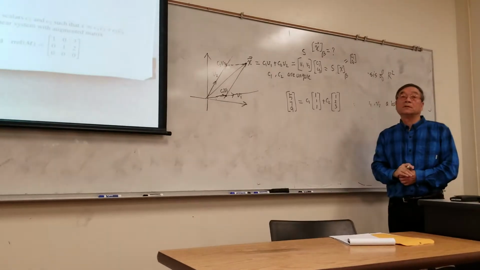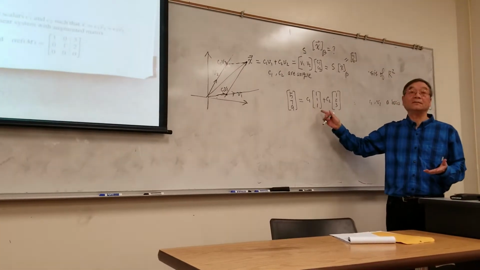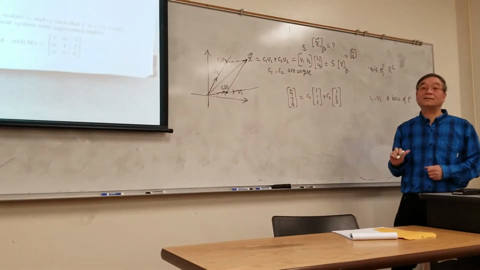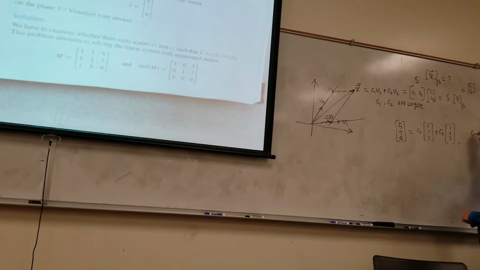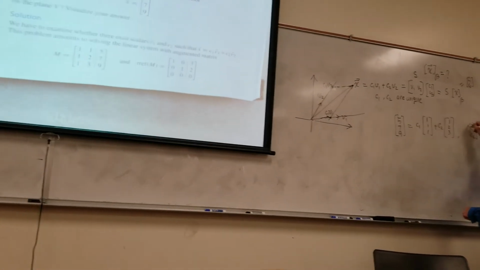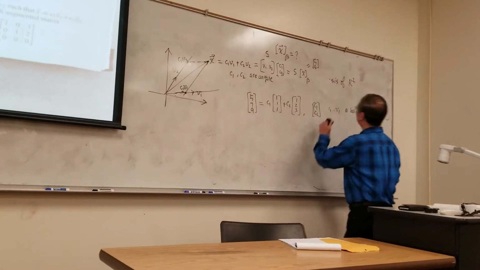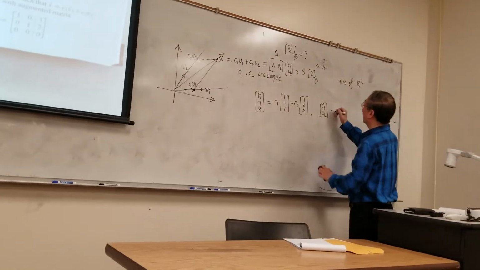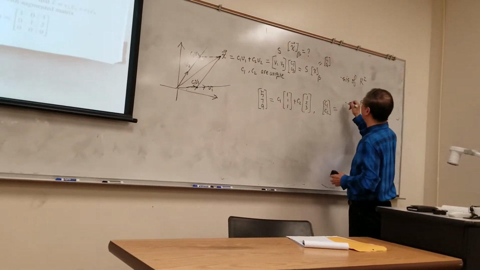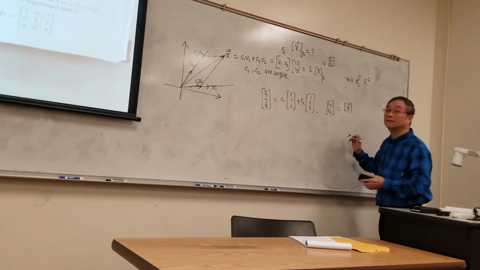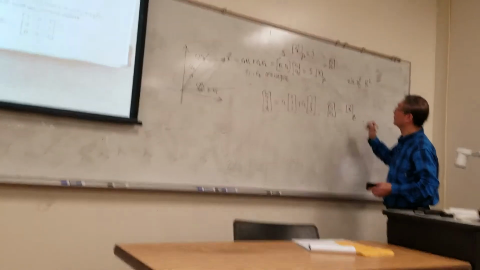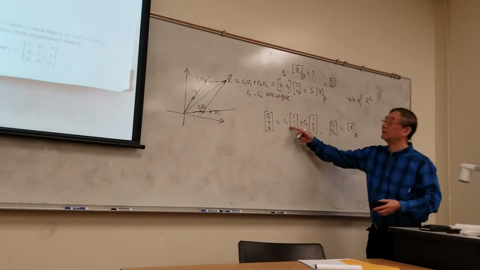Okay? So once I find C1, C2, you can just use C1, C2 to form this column vector. So that is the answer, this x bracket B. So we just need to find C1, C2.